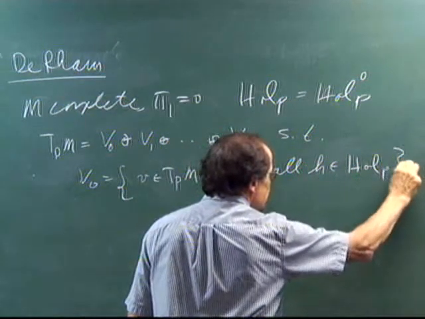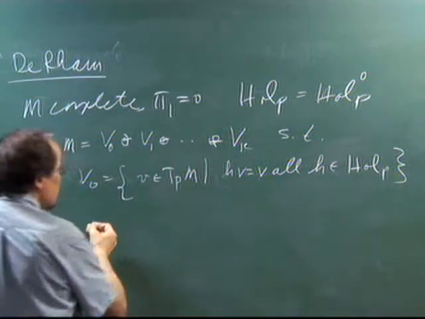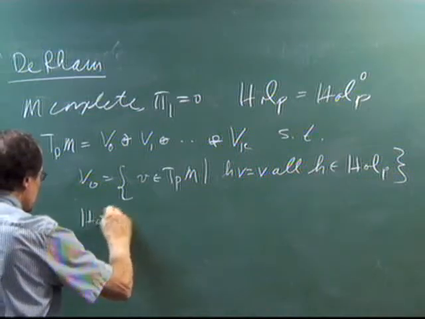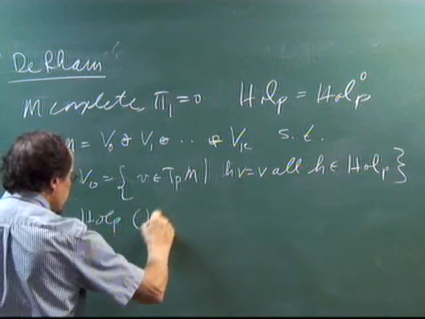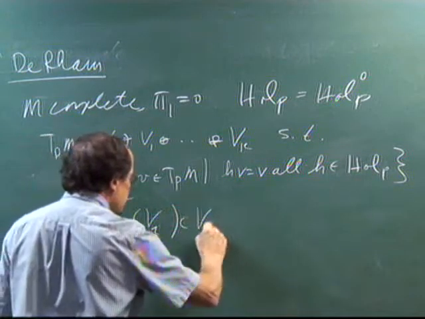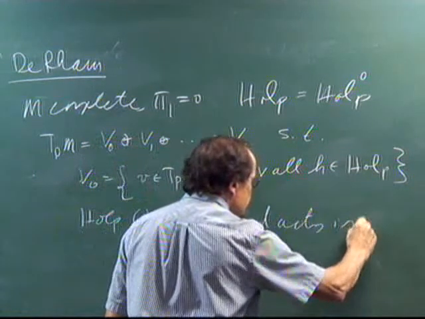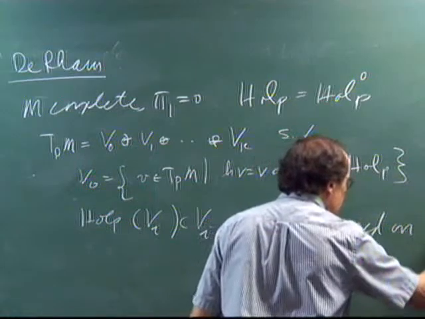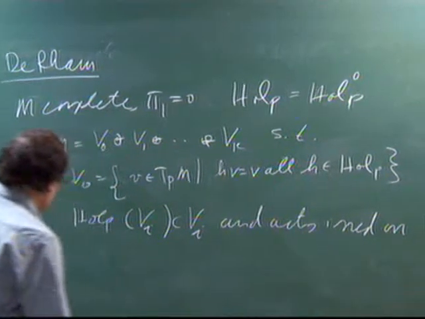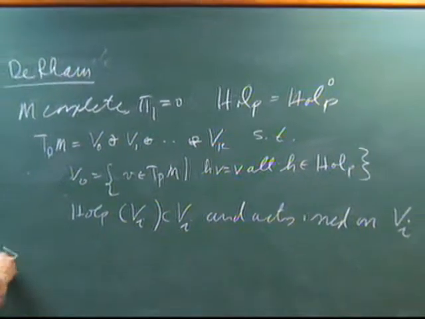So that's a linear subspace clearly. And then it acts irreducibly. So Hol_P of V_i is contained in V_i, and it acts irreducibly on V_i. So no invariant subspaces. So this was the assumption.